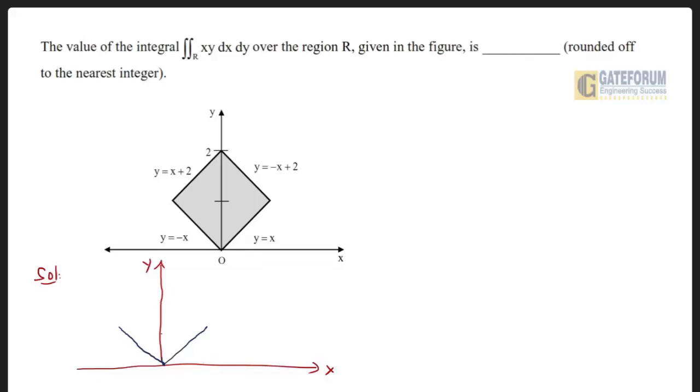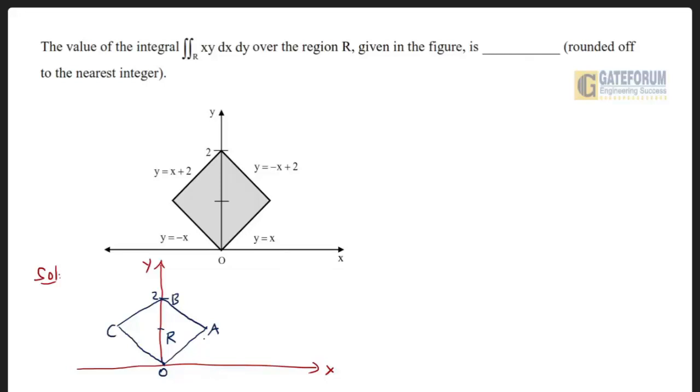Now this is 1 unit. This is 2 units. Join this. Join this. This is the region R. This is the origin. Let us denote this point A. This is already given as 2. This is B and this is C.